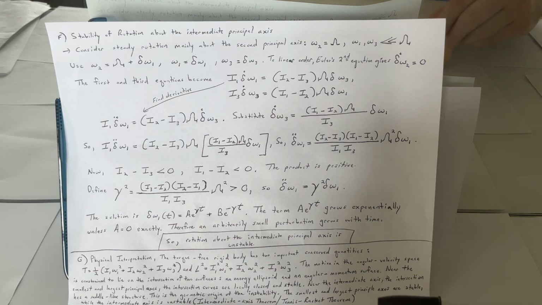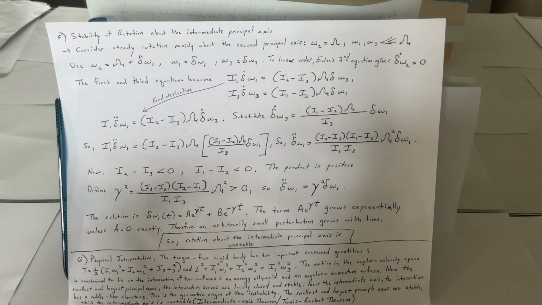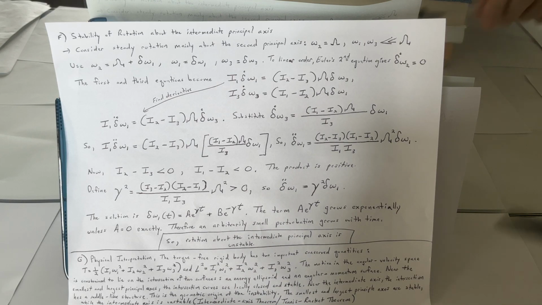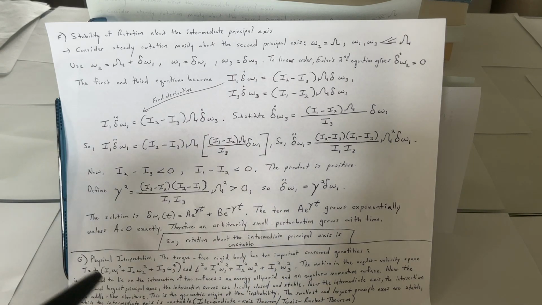Near the intermediate axis, the intersection has a saddle-like structure. This is the geometric origin of the instability, and the smallest and largest principal axes are stable, while the intermediate axis is unstable. And in reference to the intermediate axis theorem, tennis racket theorem.